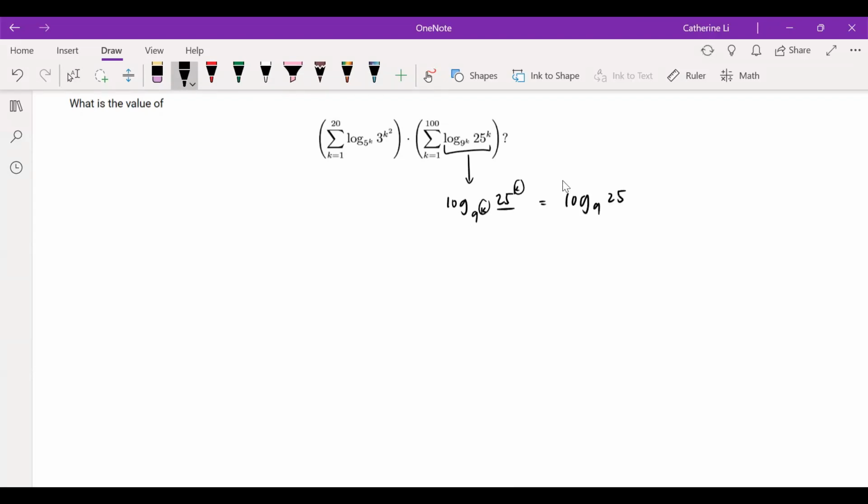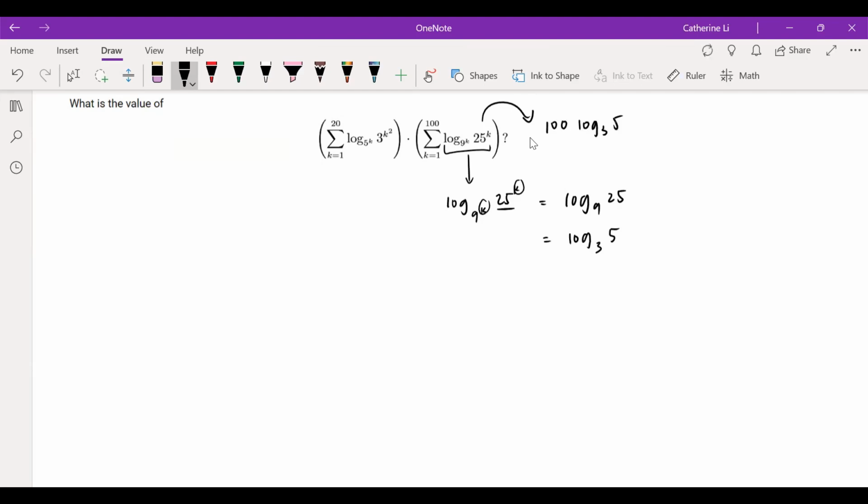So this is equal to log base 9 of 25. But we also realize that 9 is 3 squared, 25 is 5 squared, so we can take out the squared exponents as well. So we're left with just log base 3 of 5, which is really nice. So this whole term, the second one, is just a sum of log base 3 of 5, but 100 times. So we get 100 log base 3 of 5.